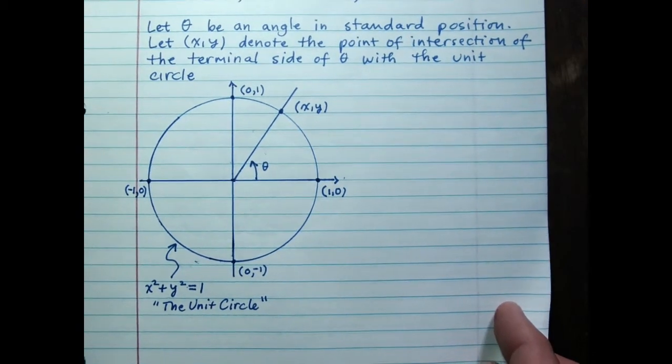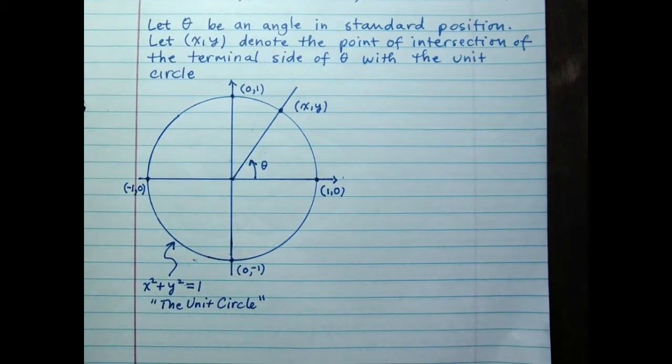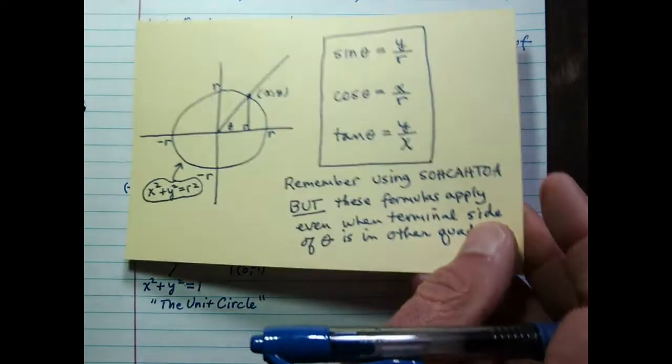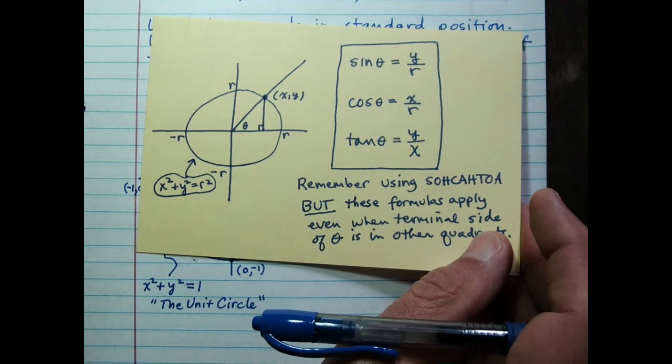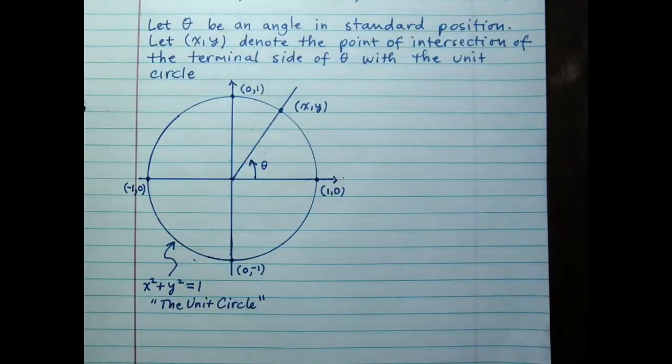So the unit circle has equation x squared plus y squared equals 1. And what does this mean as far as the trig functions are concerned? We still can apply our formulas from earlier in this section. So let's see exactly what we can say.